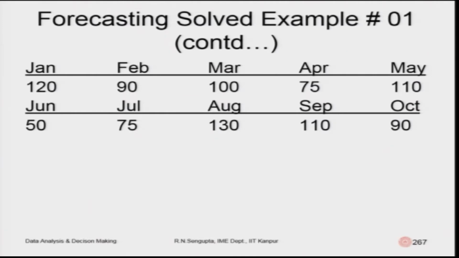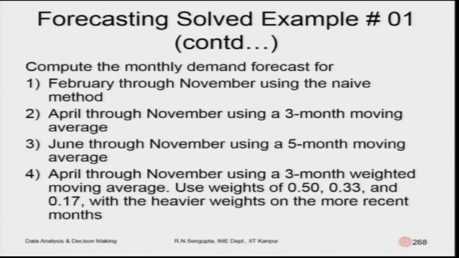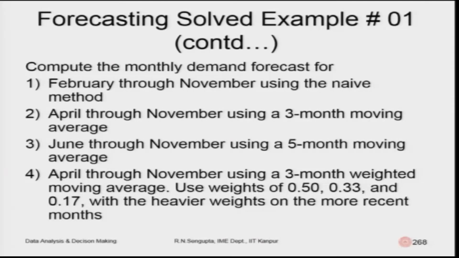Based on that, I want to solve a few problems, and the questions are as follows: compute the monthly demand forecast based on 4 simple methods. Number 1, February to November using the very simple naive method.